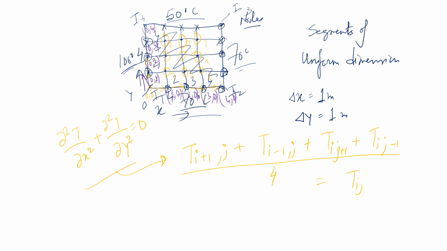Okay, now we have to know what is the temperature at this point. This is your T. What is the temperature at this point? So this is your T11. X is 1, Y is 1, that means I is 1 and J is 1.